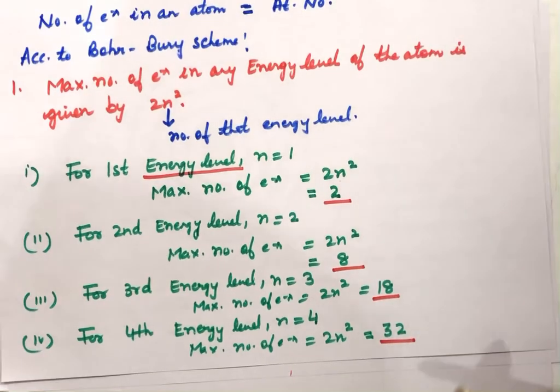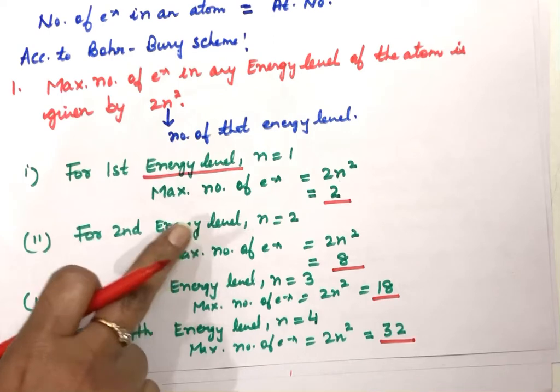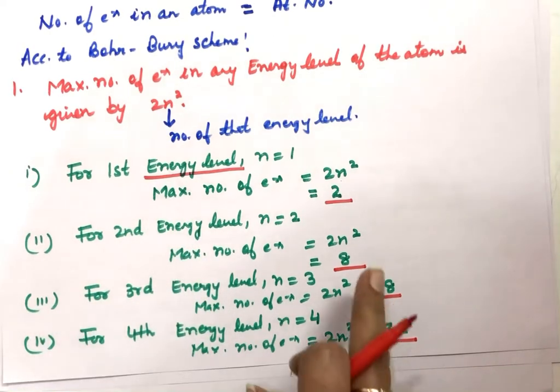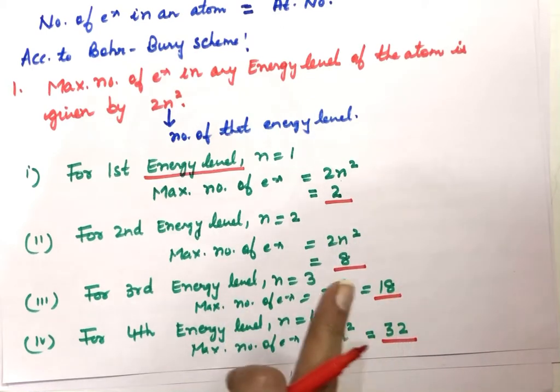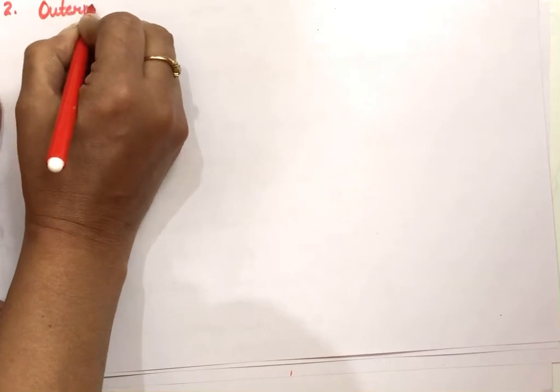So now the next part. This is the first point: the maximum number of electrons in an energy level of the atom is given by this formula, but it's not necessary that these many electrons only we fill. These are maximum capacities. Now come to the second point, a very important point. The outermost shell of an atom cannot have more than 8 electrons.